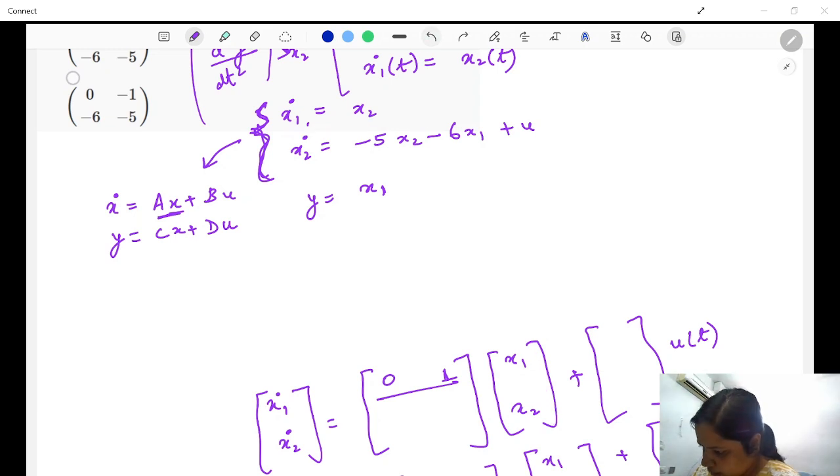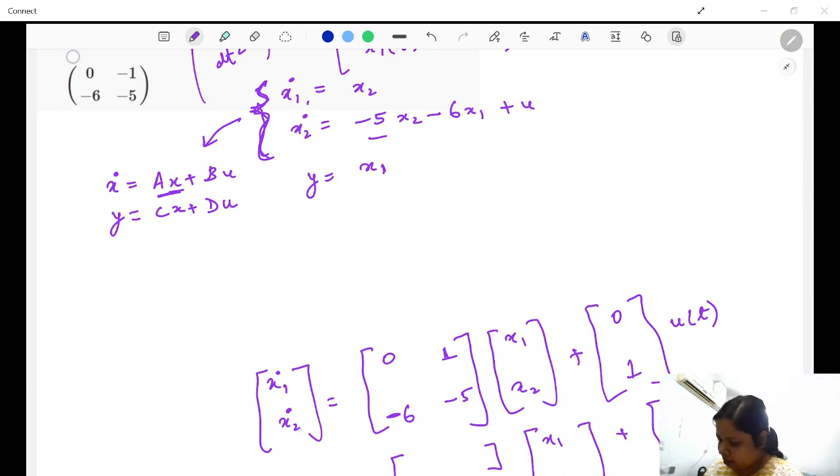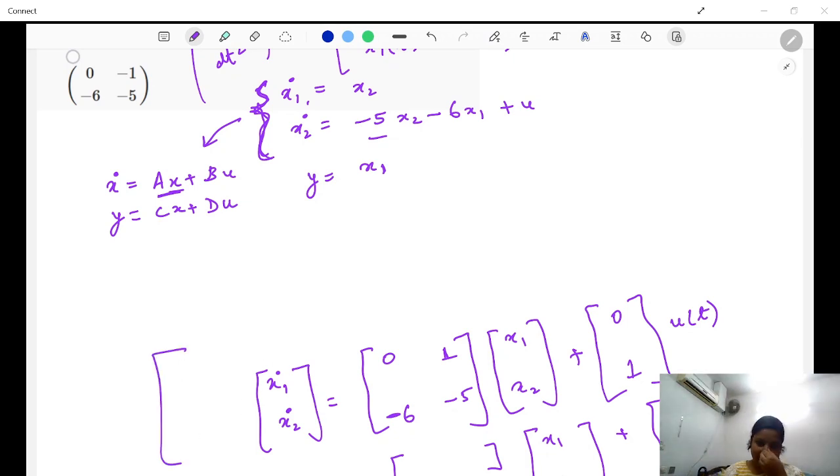Now in the second equation, minus 6x1 means here would be minus 6, minus 5x2 means here would be minus 5. In the first equation you had no u, so 0. In the second equation you have u, so it is 1.